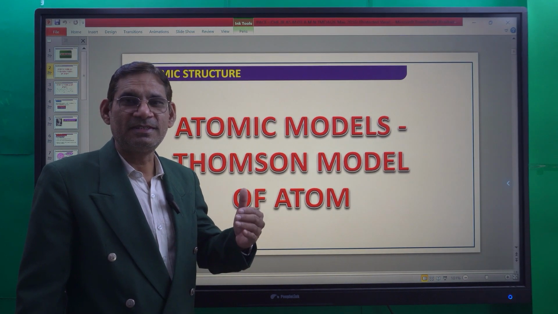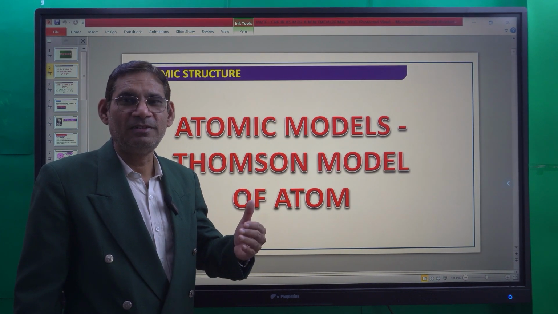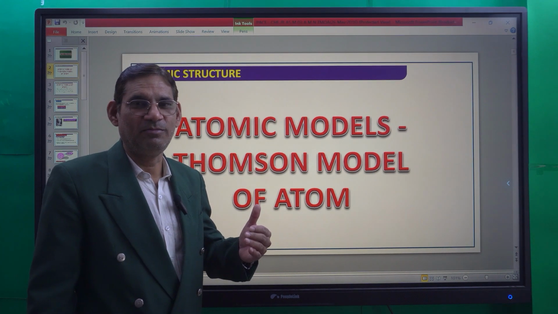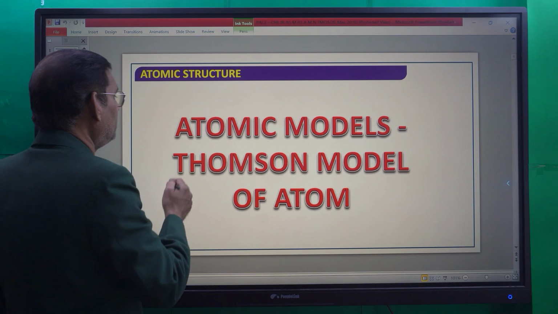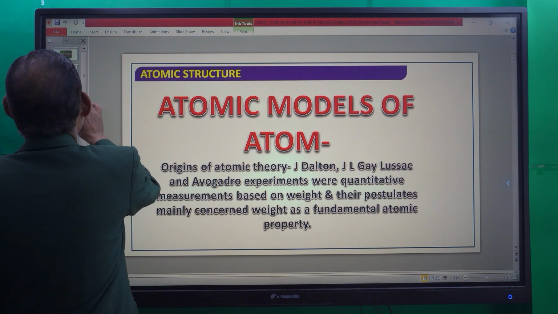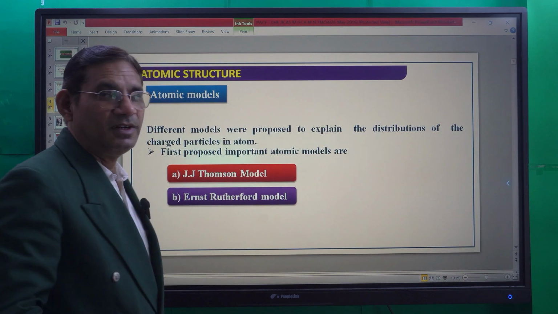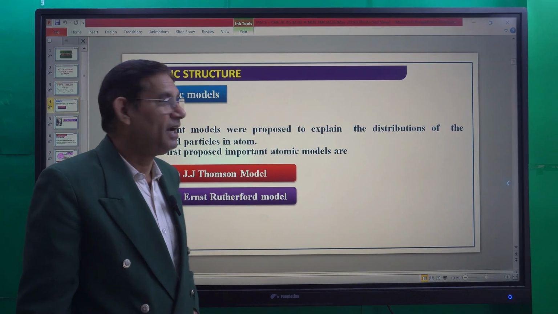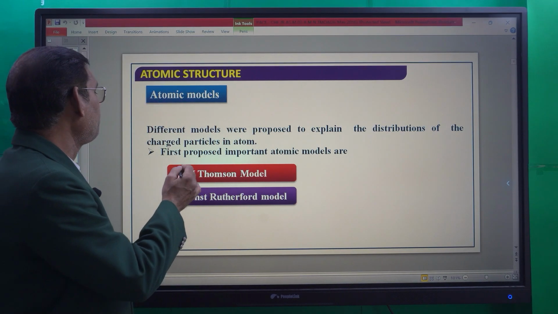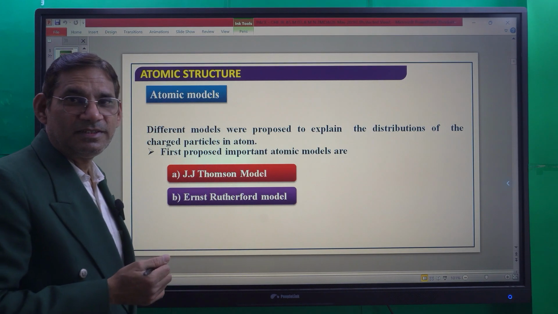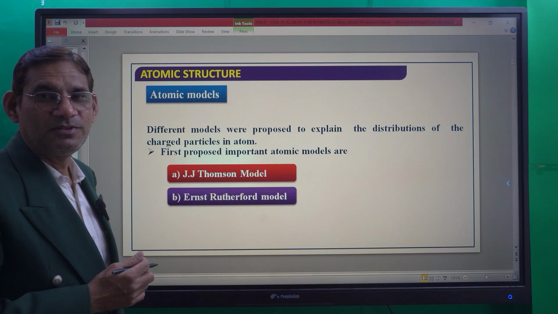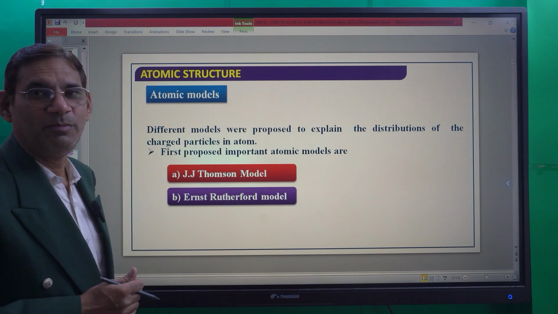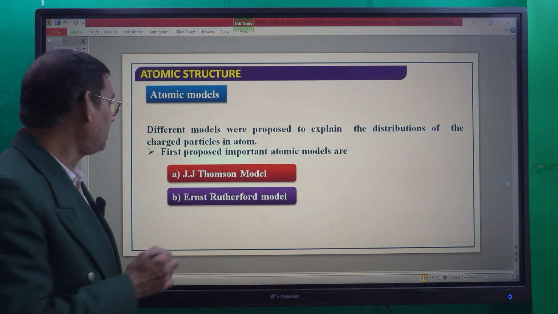You know, this is the very basic model related to the structure of the atom, but before Thomson also some efforts were done to understand the structure of the atom. It was Sir J.J. Thomson and Rutherford who studied first about the structure of the atom.